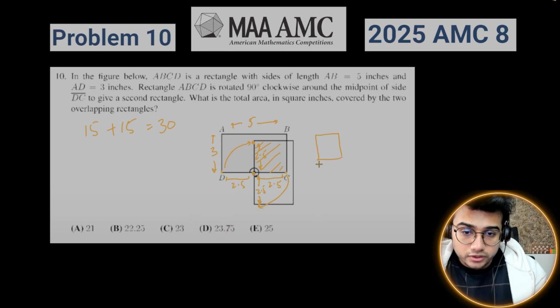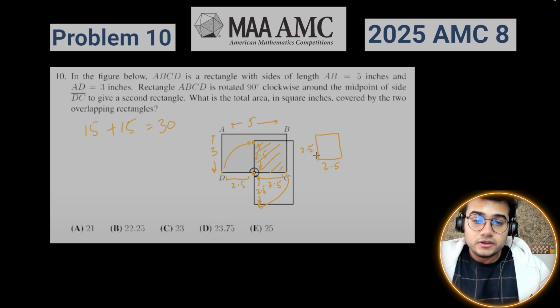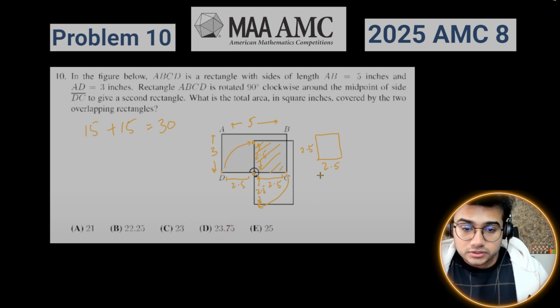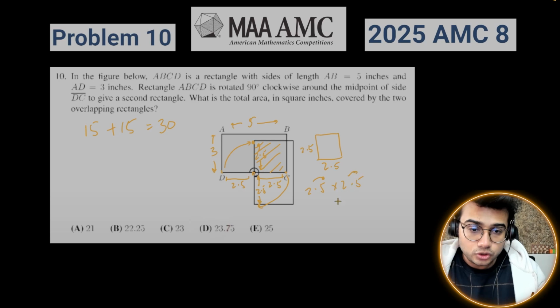That's a square of lengths 2.5 and 2.5. So let's find out what is the area of this square. Well, 2.5 times 2.5, we can first move the decimals, convert them into normal numbers. So 25 times 25. We know 25 squared is 625, and then we can move the decimal 2 places back.